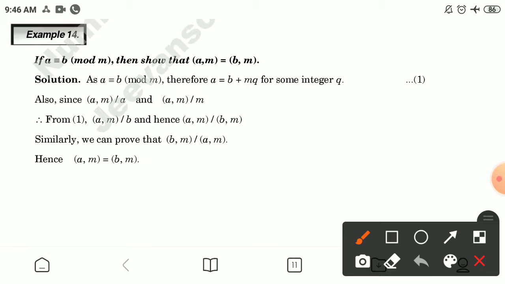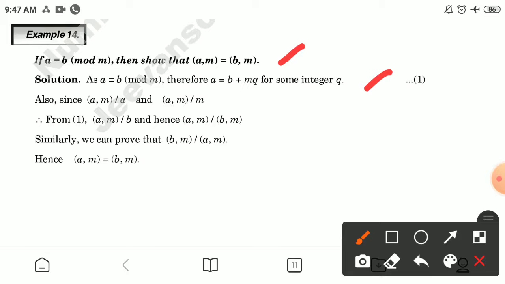Now, example 14. If A is congruent to B mod M, then show that the greatest common divisor of A and M is equal to the greatest common divisor of B and M. As for the solution, A is congruent to B mod M, therefore A is equal to B plus MQ for some integer Q, marking this as number 1.